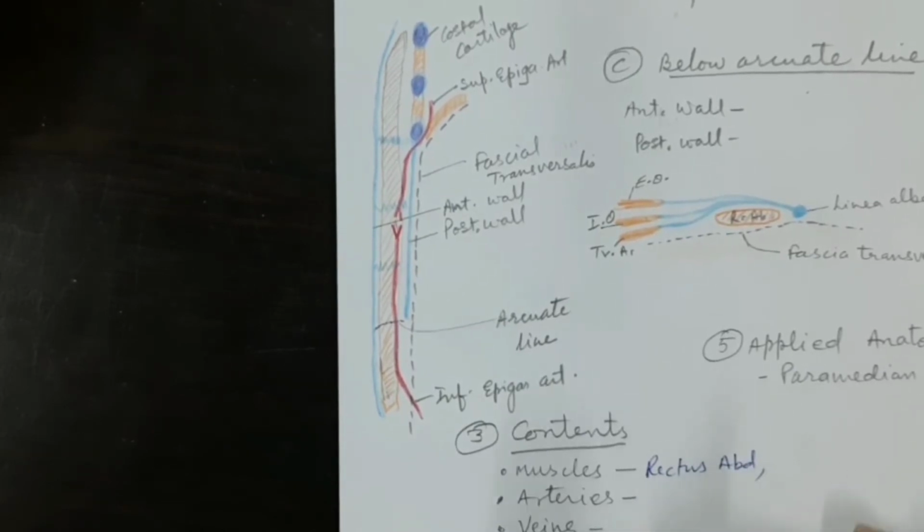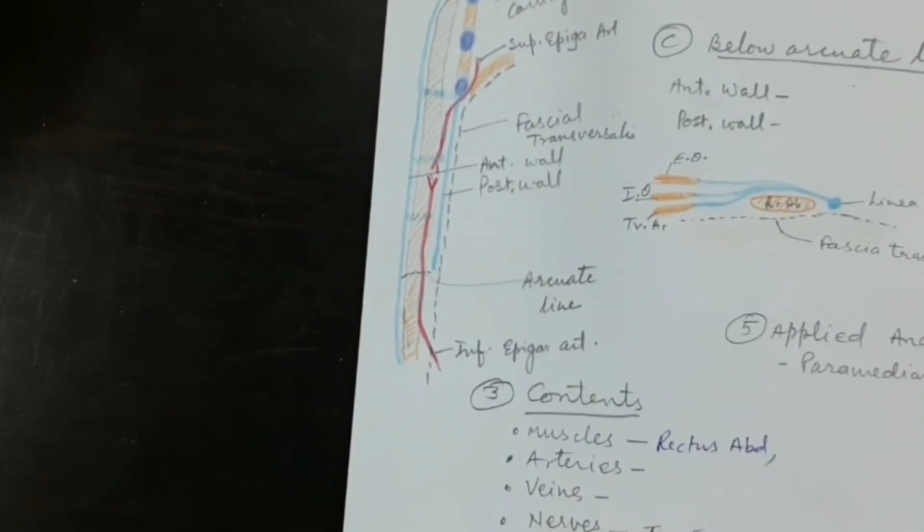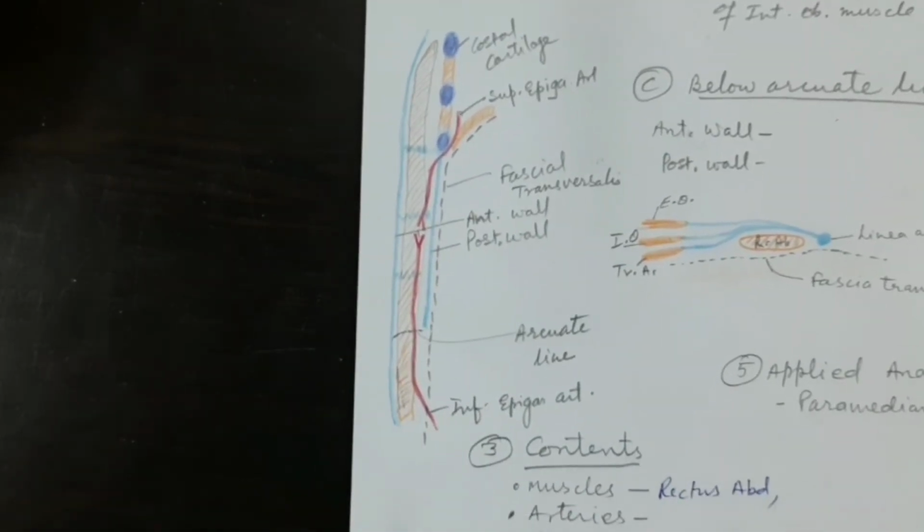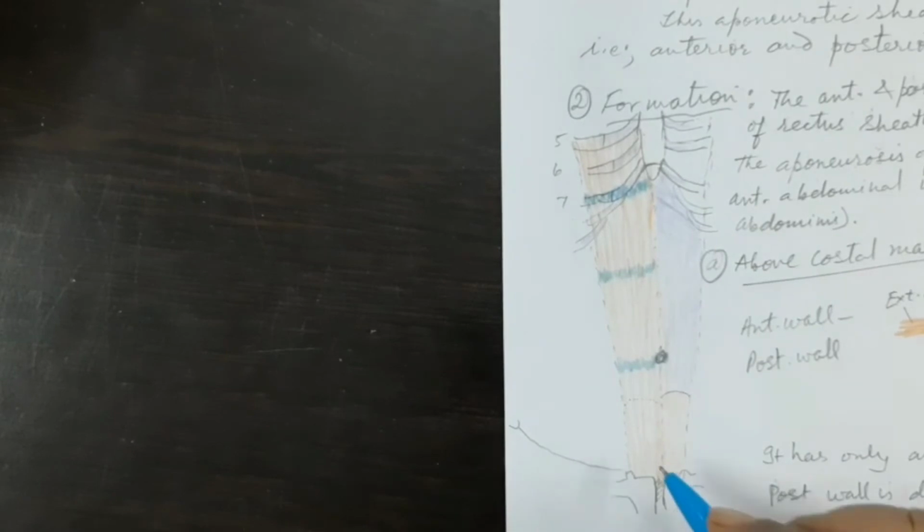Now occasionally there is another muscle present within the rectus sheath, anterior to the rectus abdominis muscle, but it is a very small muscle, triangular in shape, which gets attached to the linea alba.